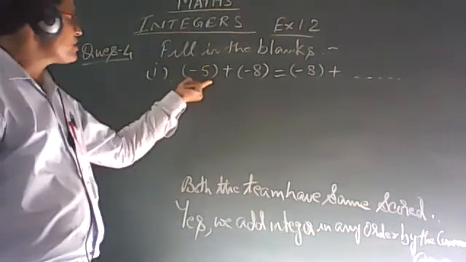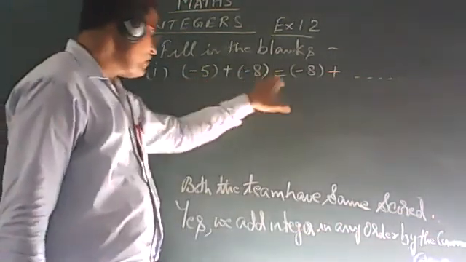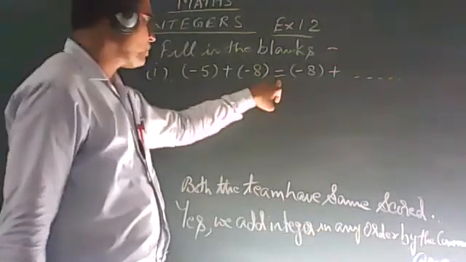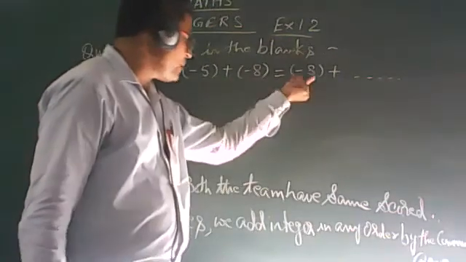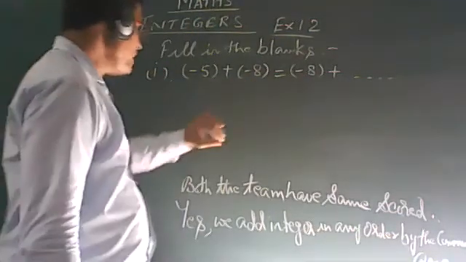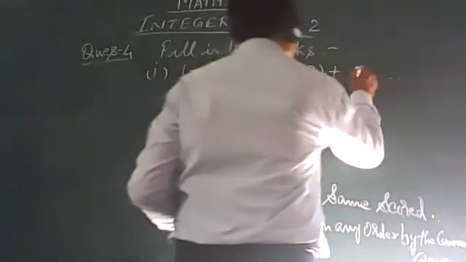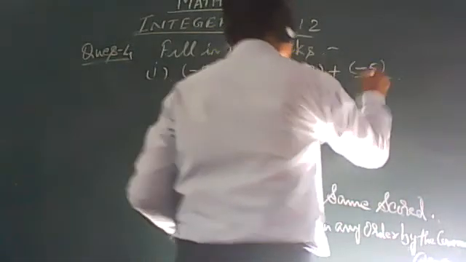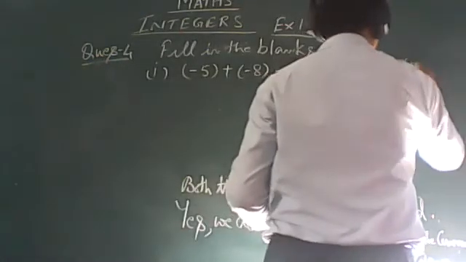This first place is -5, the second place is -8. If both sides are equal, the second place comes to the first place and the first place goes to the second place, so here my number is -5. And the law we use is the commutative property.